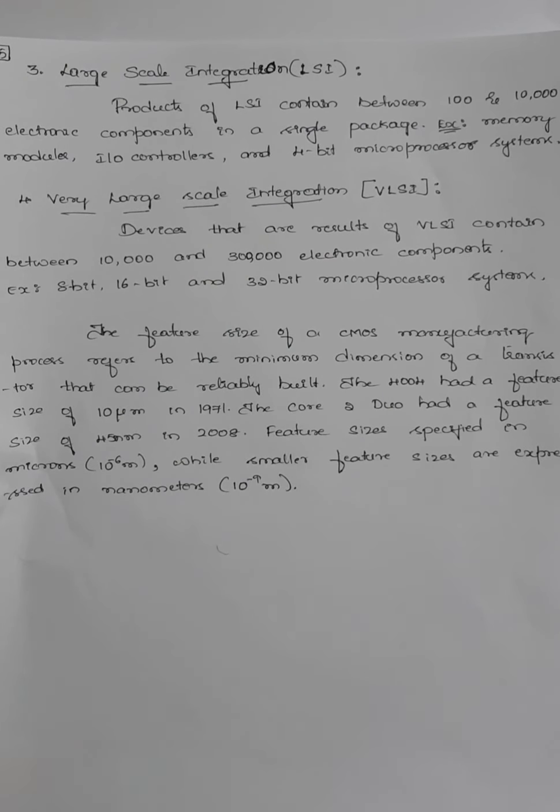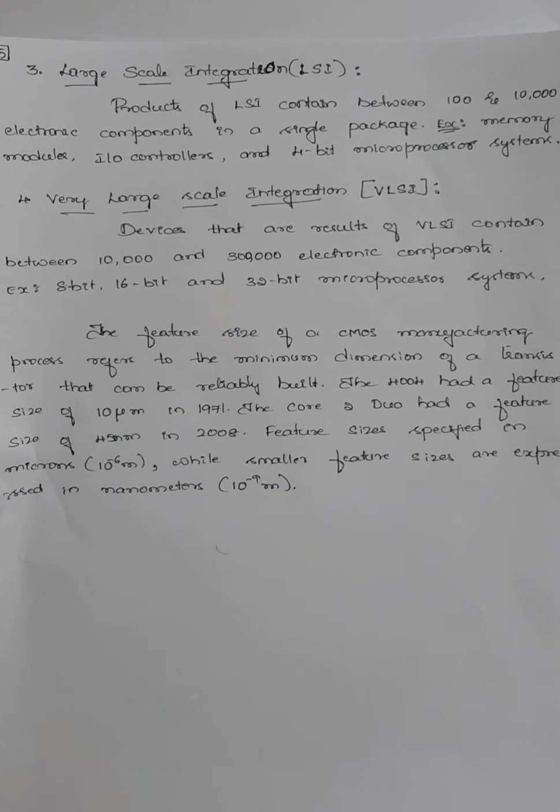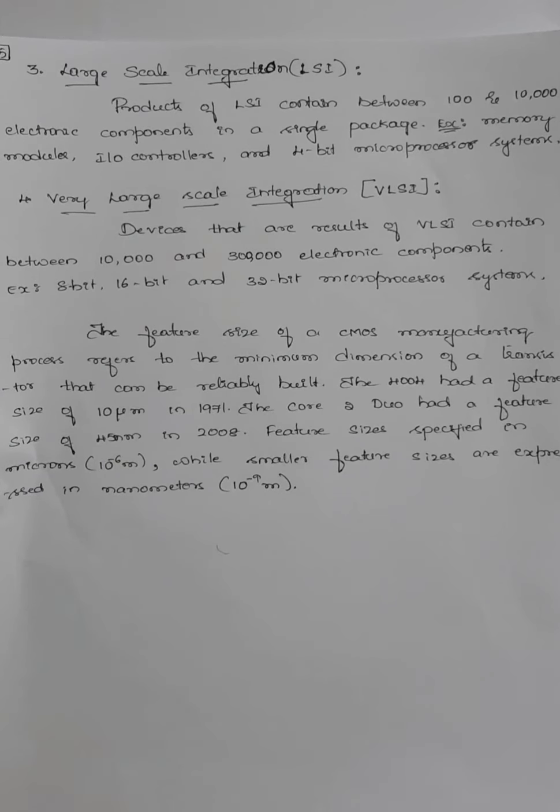The feature size of a CMOS manufacturing process refers to the minimum dimension of a transistor that can be reliably built. The 4004 had a feature size of 10 micron in 1971, whereas the Core 2 Duo had a feature size of 45 nanometer in 2008.